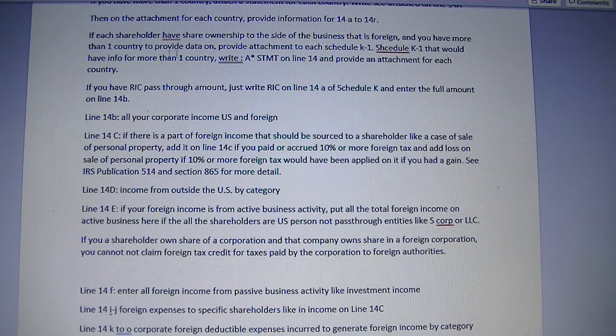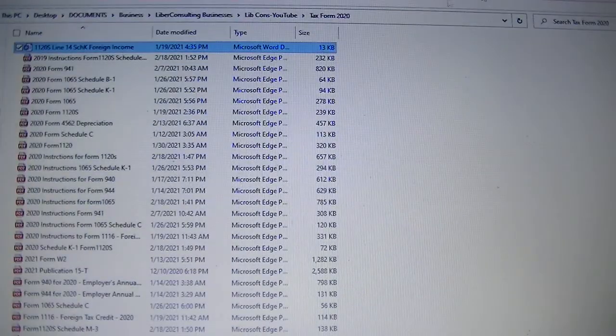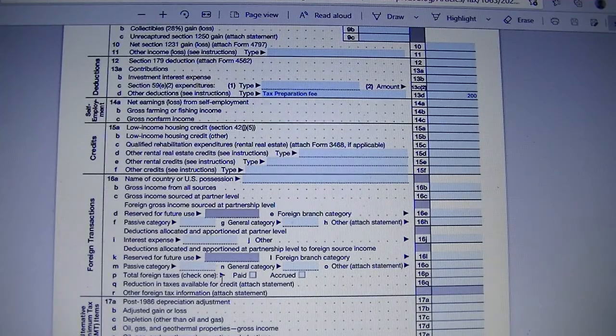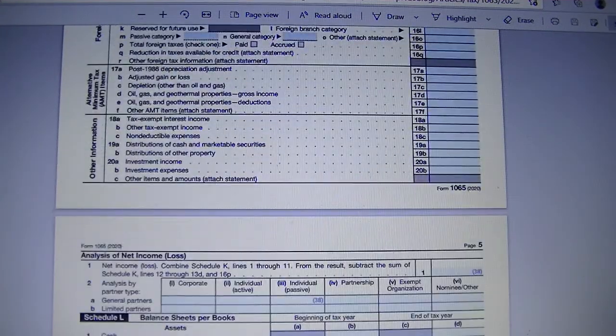But if you go in the instructions, it will tell you what is passive, what is general. You'll read the instructions about the foreign transaction section and the activities under general category and activity under passive categories, and then you just follow the instructions to complete what is related to your business. That's if you have a business outside of the US as well.